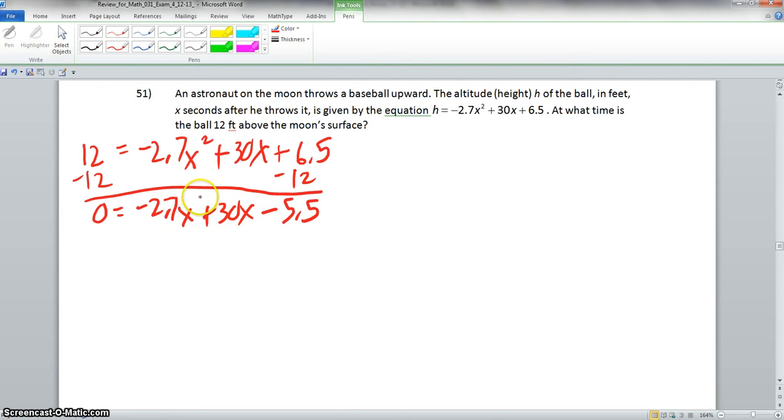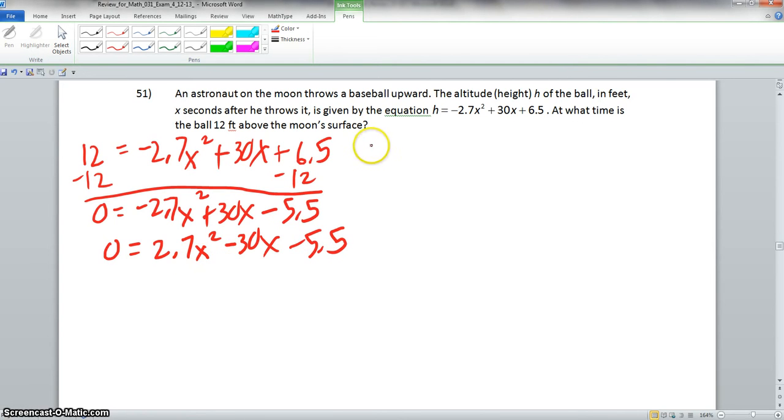Now, we cannot have our lead coefficient negative, so we would change the sign of everything here and still have it set equal to 0, which gives us 2.7x squared minus 30x plus 5.5.